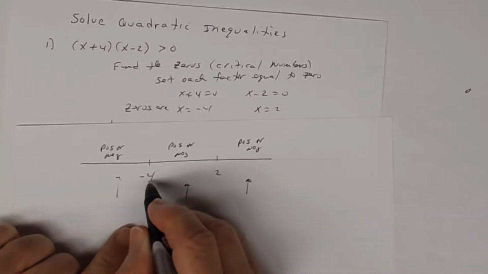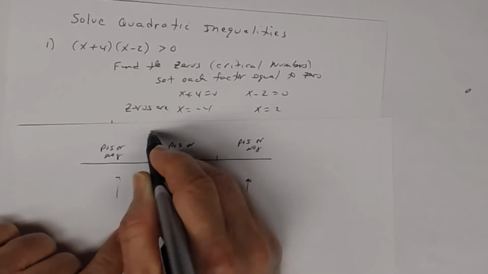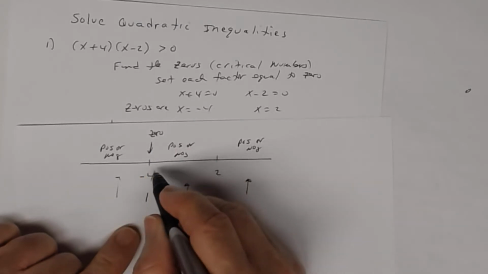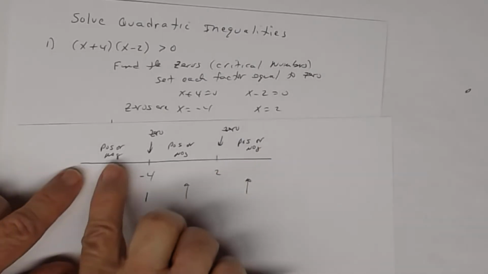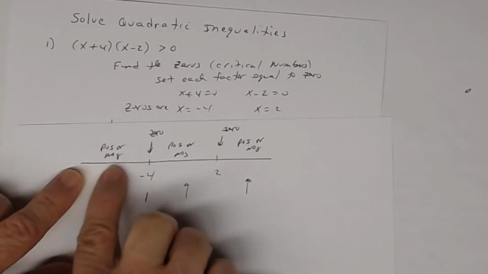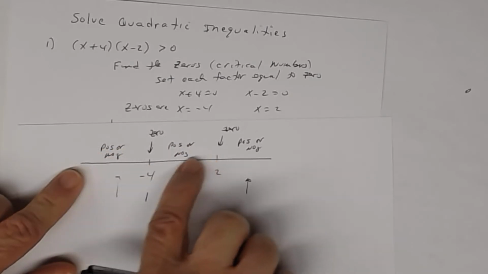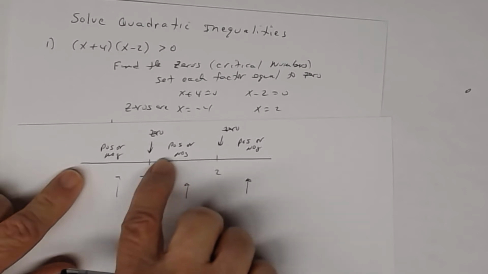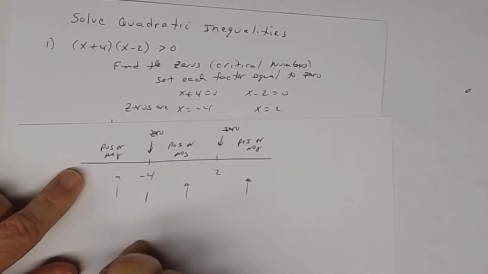So at -4 I get 0, at 2 I get 0. But in these intervals, it's either going to be a positive number or negative. In this interval, no matter where I am here, it's either going to be positive or negative.